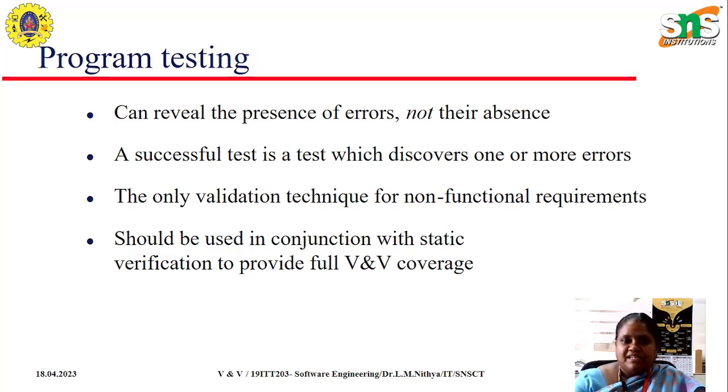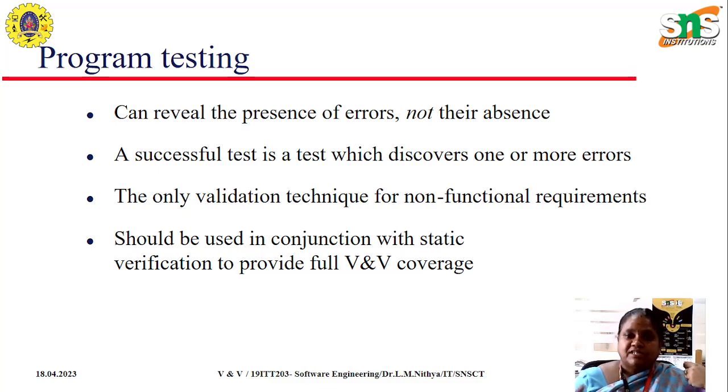Next is program testing. It could reveal the presence of errors and not their absence. This we should clearly know. When we test software, if there are some errors, it would show us some indications. But it cannot clearly say that there are no errors in this software or program. So a successful test is a test that discovers one or more errors. If a test is not discovering any errors, then it doesn't mean that it is error free.